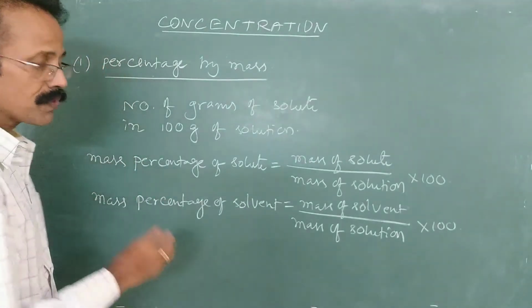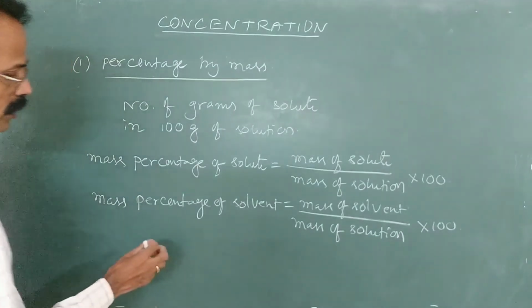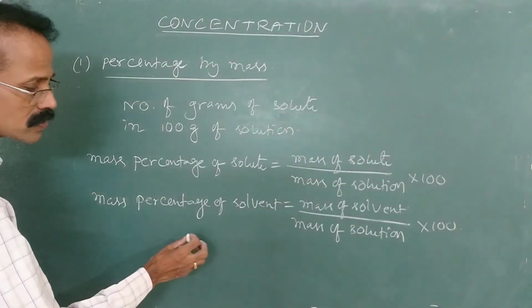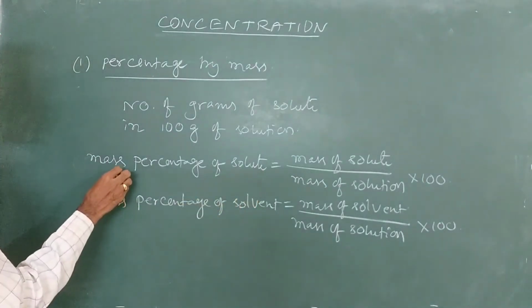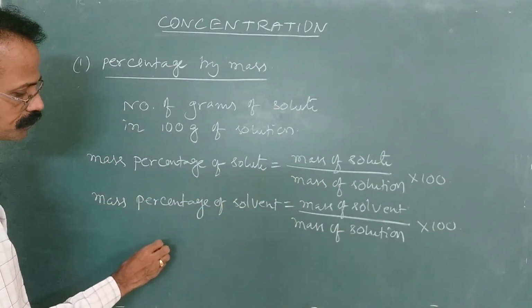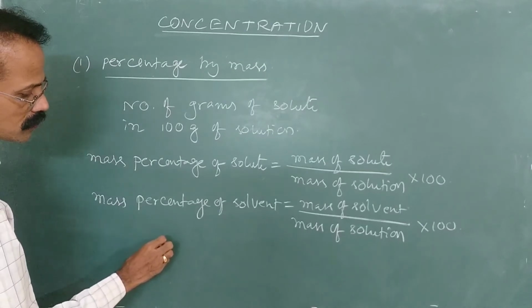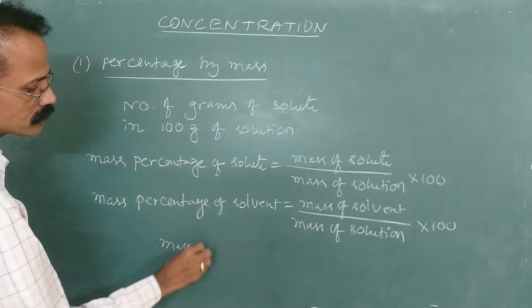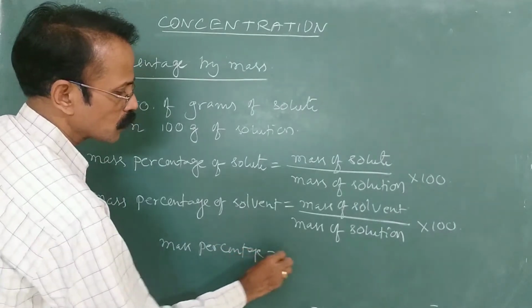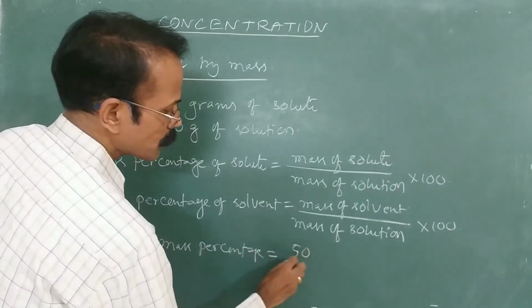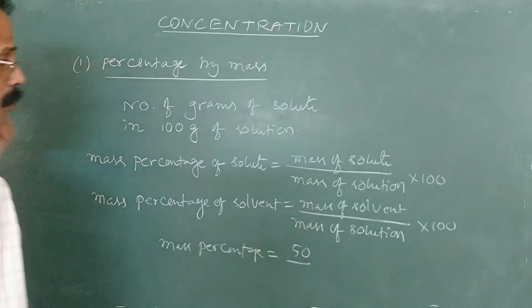Similarly, if 50 grams of solute is dissolved in 200 grams of the solvent, then mass percentage of solute is equal to mass of solute, 50, divided by mass of solution.